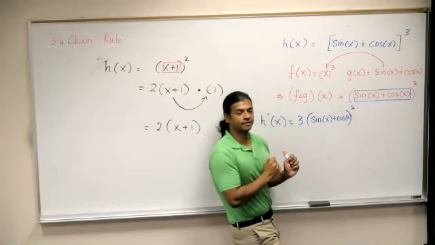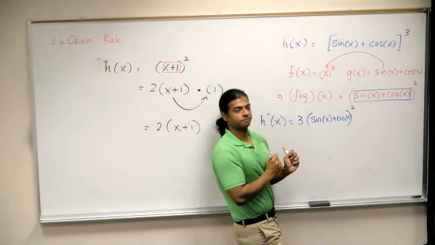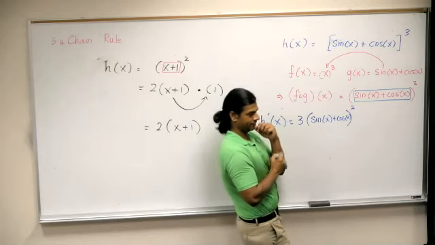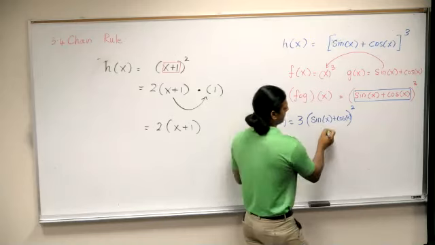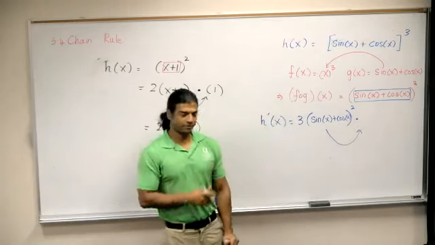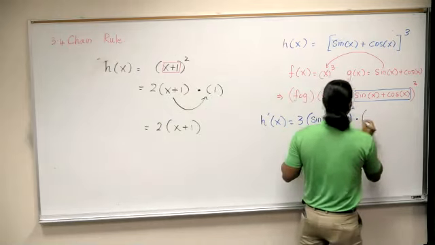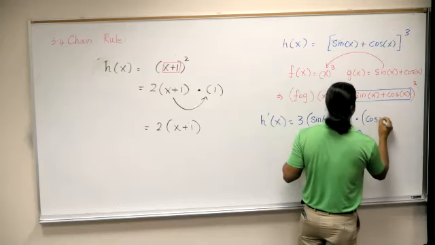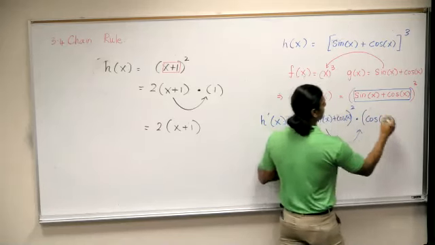Are we done yet? Yes. What goes next? Multiply by the derivative of that inside function. What is the derivative of sine x plus cosine x? Cosine x minus sine x.